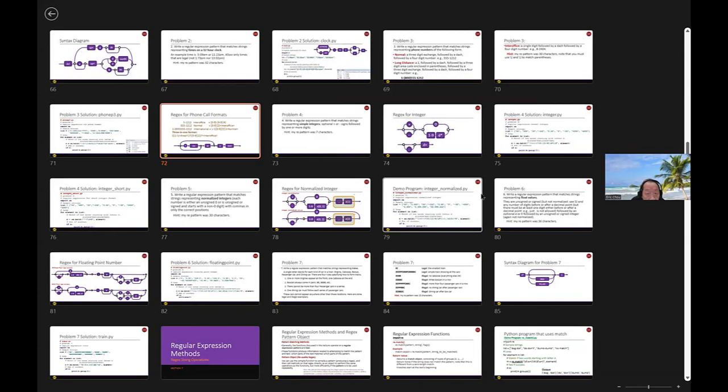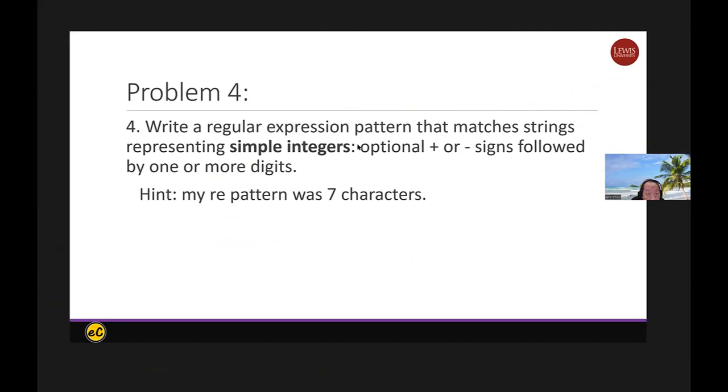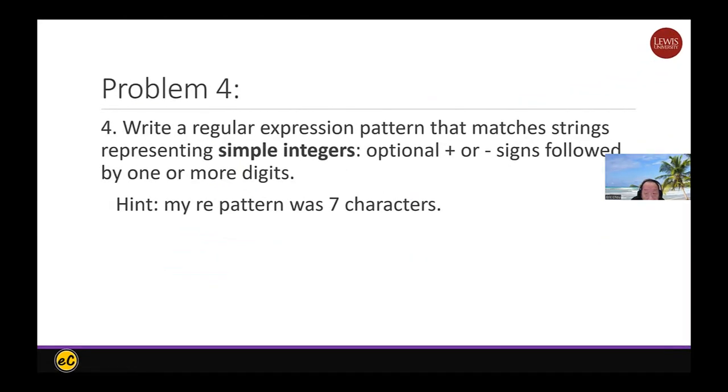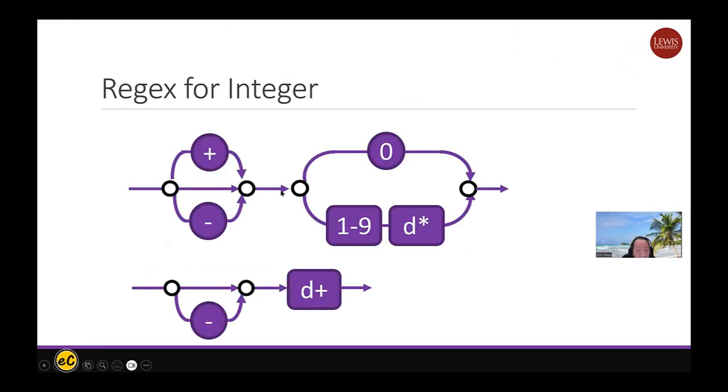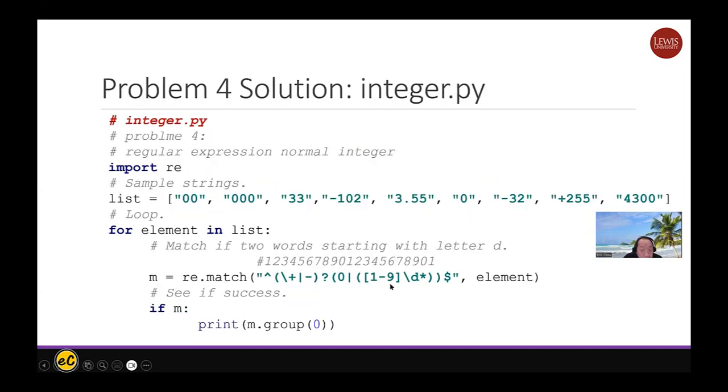And then you may have the simple integer format. So you have a plus sign, minus sign, and then you may have a 0 or 1 to 9, followed by 0 to infinity number of 0 to 9. These are integers. Okay, this is the diagram for integer.